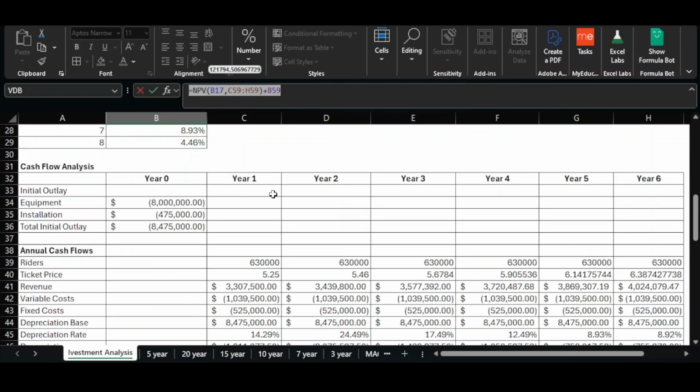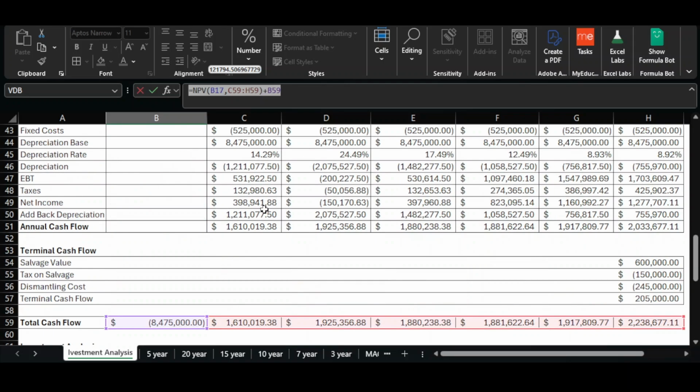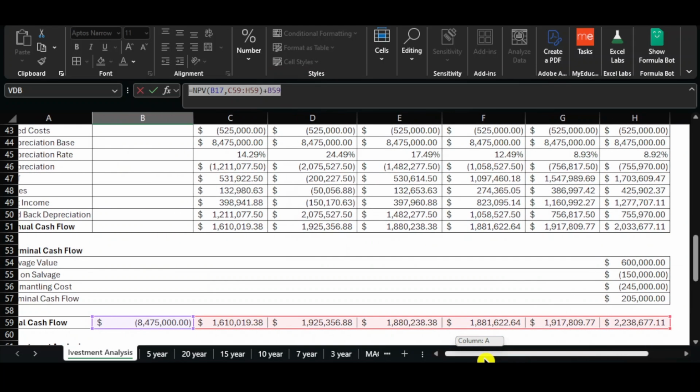And then in the NPV function, you also point out where is the total cash flow array or table or the row for it to measure. So you did it by C59 to H59, which means all these red cells here is what you give the function as a parameter inside its formula right there.